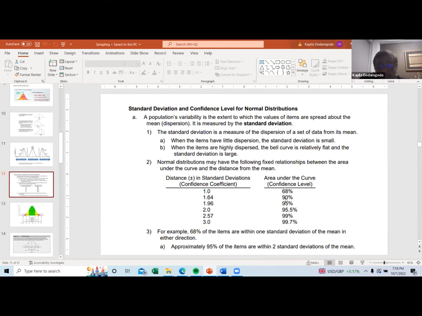So we are 90% sure that our population value will be within plus 1.64 standard deviations, that is 16.4, minus 1.64 standard deviations, that is minus 16.4. That 90% confidence interval is within that range. So therefore, depending on the confidence interval, we will be choosing the appropriate number of standard deviations.